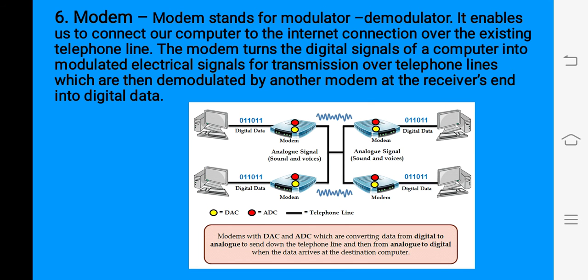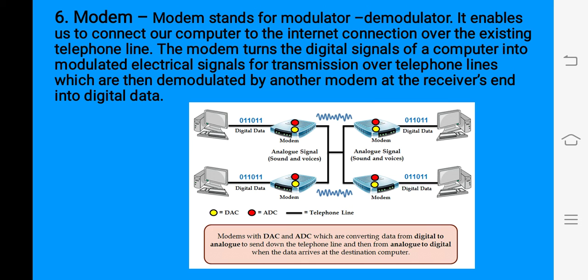Modem. Modem stands for modulator demodulator. Children, it enables us to connect our computer with the internet connection over the telephone line. It means on our computer we use the internet with the help of telephone lines.